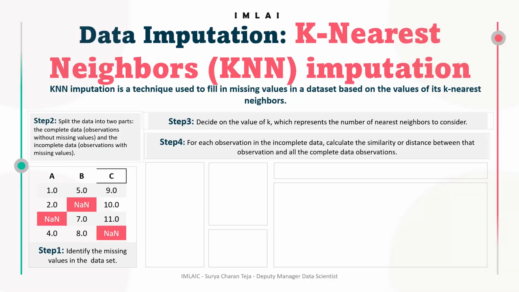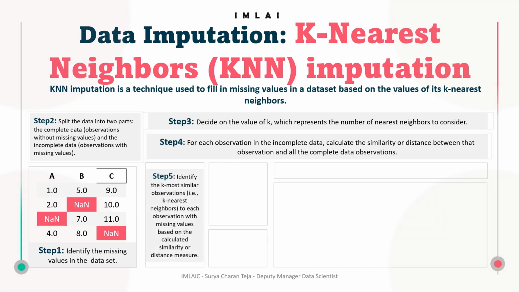So the distance or similarity measure is used to determine the closeness of observations, how close they are. Then step 5, select K nearest neighbors. Identify the K most similar observations, that is K nearest neighbors, to each observation with missing values based on the calculated similarity or distance measures. These K nearest neighbors will be used to estimate the missing values.